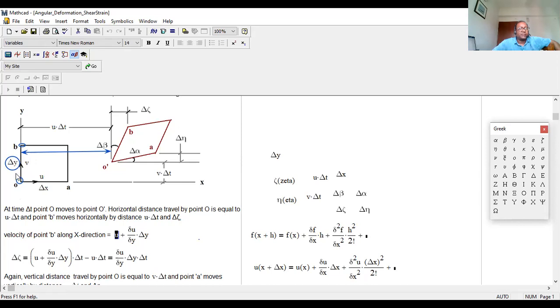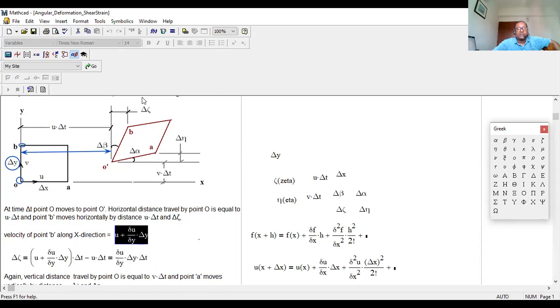In our case, the y-axis plays the role of the x-axis, so you are working with the y-axis and the derivative will be del y, not x. And h is delta y, so you put delta y. So this is the distance traveled by point B.